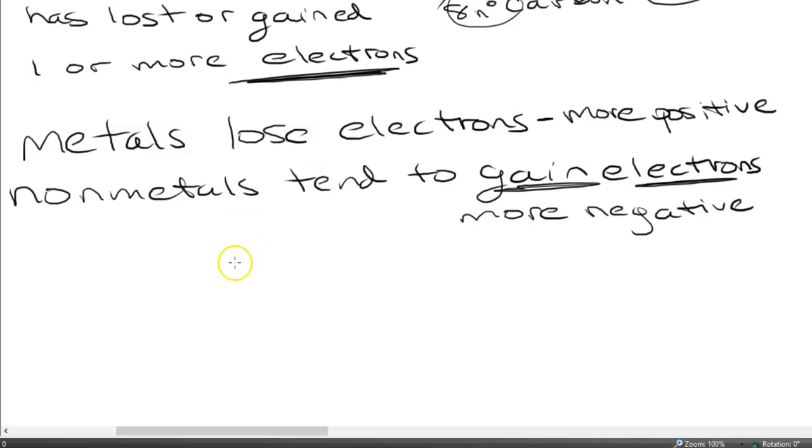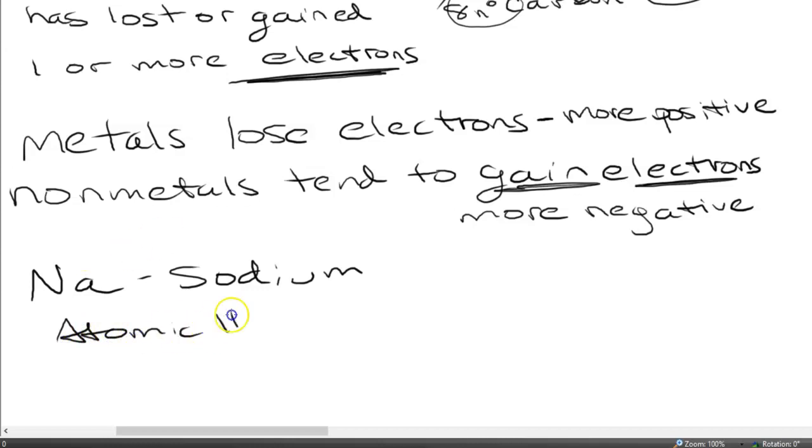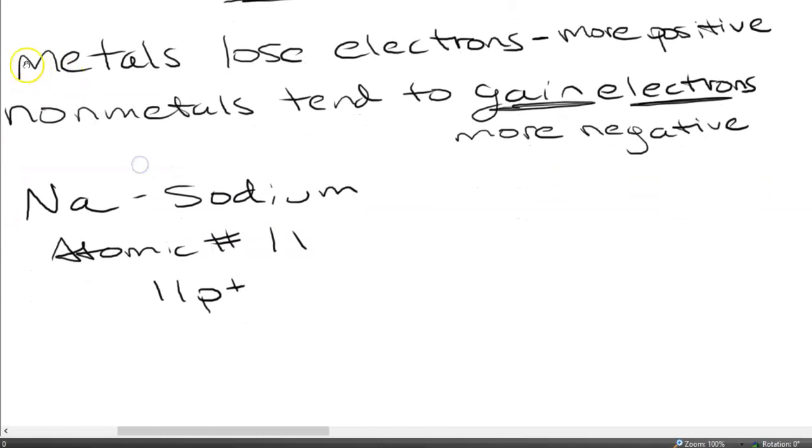So let's be sodium. That's sodium, right? Its atomic number is 11, which means it has 11 protons, and we're not worried about mass number right now, so we're not going to worry about the number of neutrons in the nucleus.